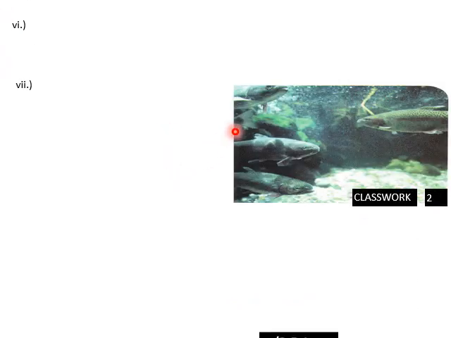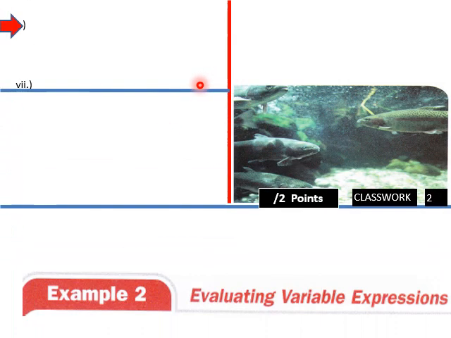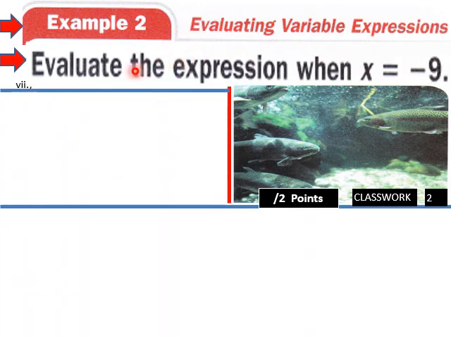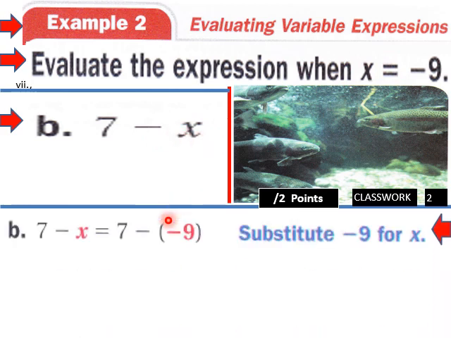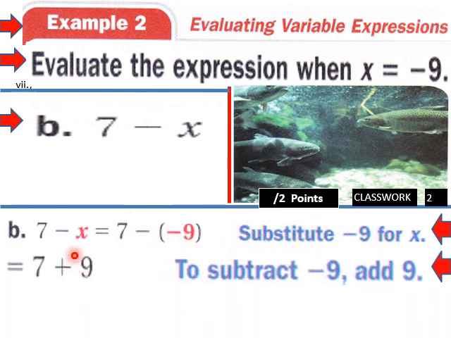Okay, let's move into part B of this example, evaluating variable expressions. Again, we're going to evaluate this expression when x equals -9. So here's x. We're going to plug in -9 for x. Then we have 7 minus x, which will become 7 minus -9. Substitute -9 for x. A negative of a negative would be a positive.